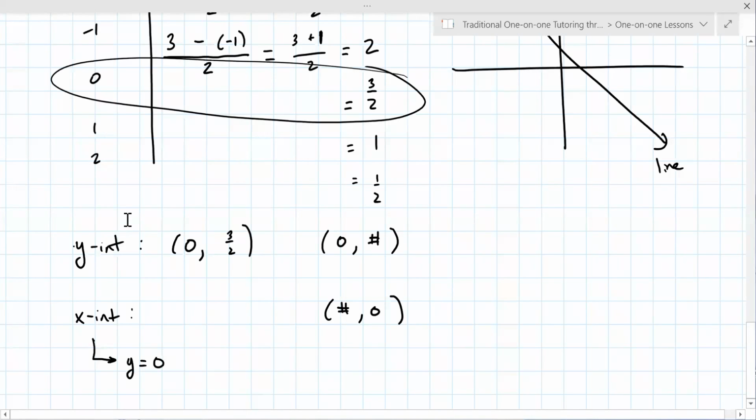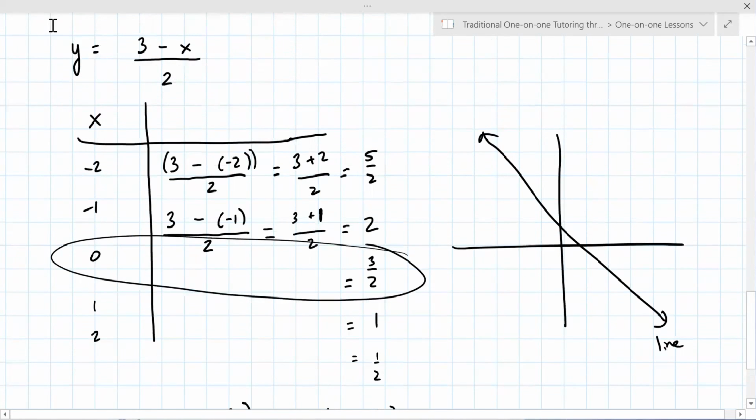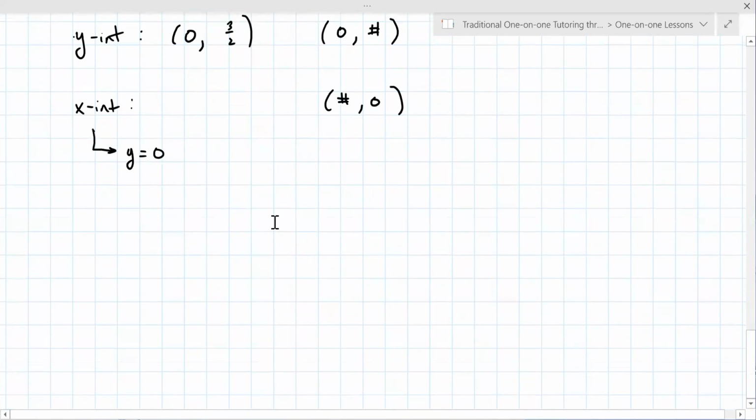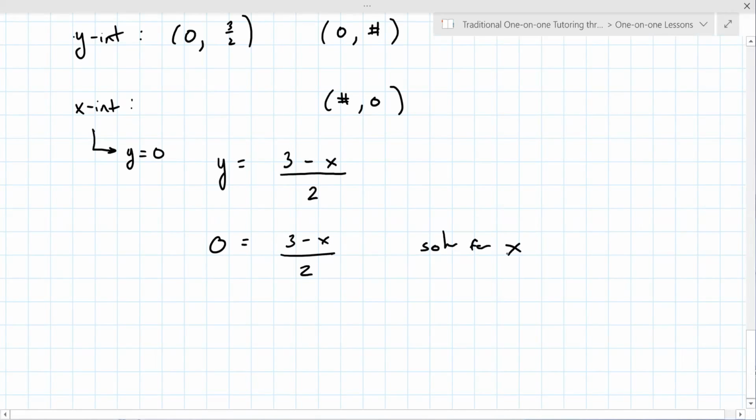So if we go back to our original thing that I gave you, which I'll copy down, y is now 0. And I need you to solve for x. Solve for x, okay. Any idea how to do this?